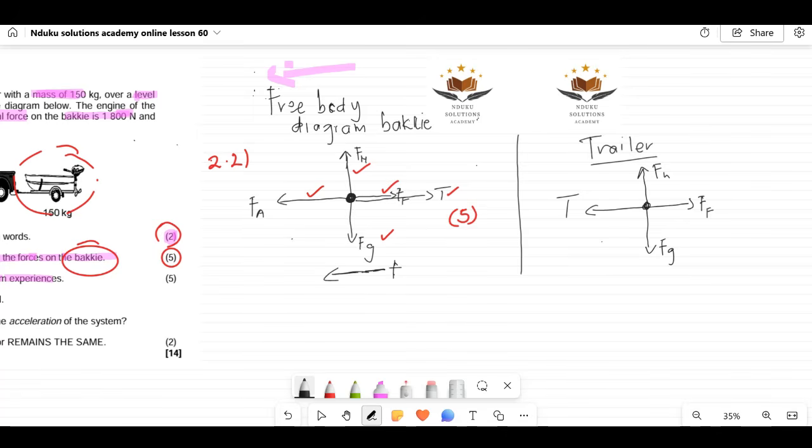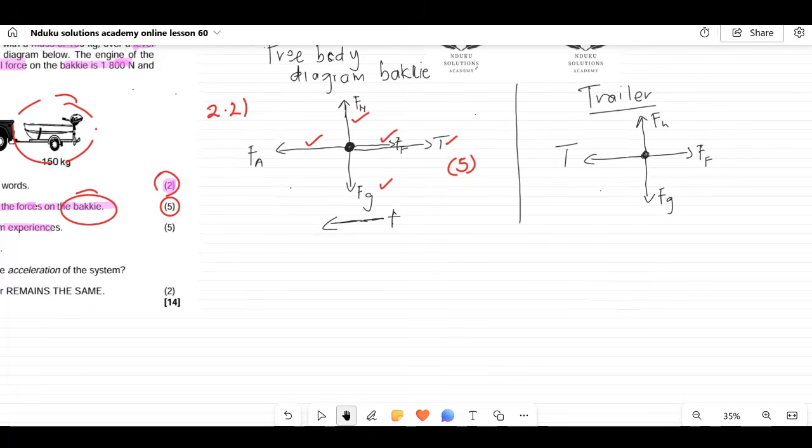Now let's look at the forces that we have. Here's our free body diagram. Because the motion is horizontal, it's not going up or down, it's still on the ground.